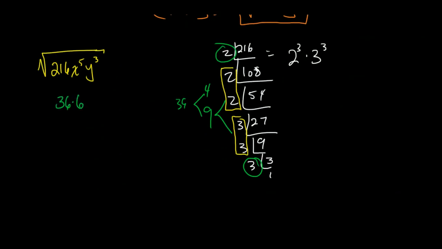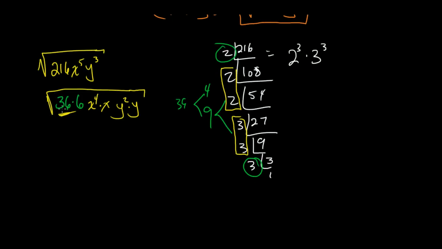And we did that because 36 is a perfect square number. That's going to come out of our radical. Okay. And we can also do that with our x's, right? x to the 5th is x to the 4th times x. And y to the 3rd is y squared times y. All I've done is understand my numbers in terms of their perfect square components.